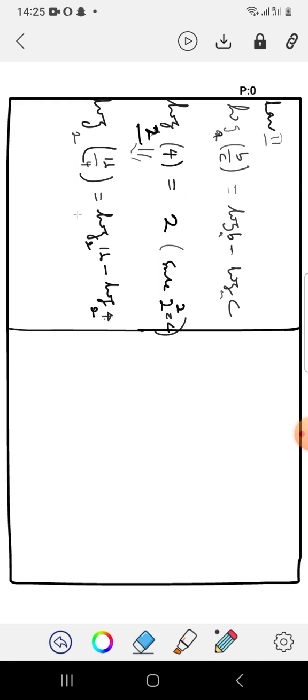Log 2 16 is that number that you raise 2 to give you 16, which is 4. And log 2 4 is that number you raise 2 to give you 4, which is 2. So the answer is 2. So you can see that the law makes absolute sense that way.